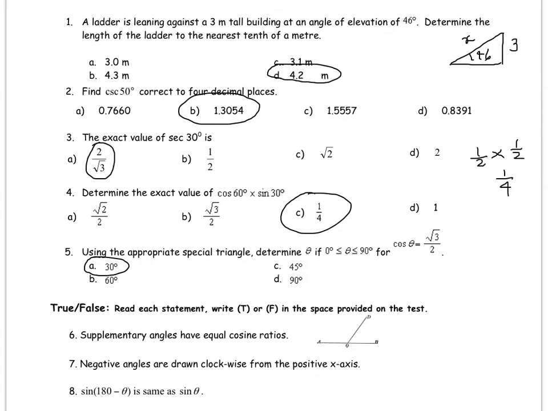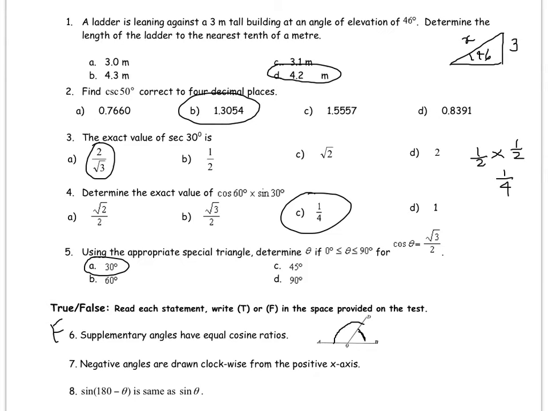Now we have a couple of true or false. The first one is supplementary angles have equal cosine ratio. The answer is going to be false. The reason is the following. If one of the angles is this one, which is less than 90, the supplementary angle has to be between 90 and 180.